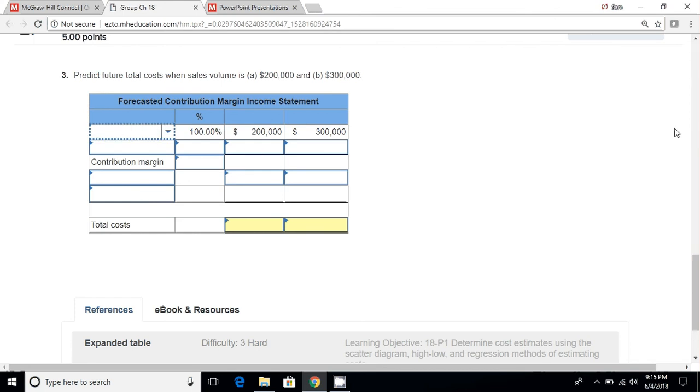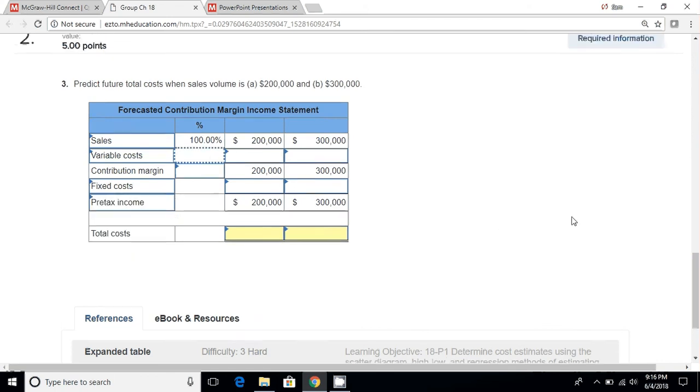So if you didn't write it down, you don't remember, one more time I'm going to say, it probably won't be the last, that you need to remember this formula. It's going to be sales minus variable cost gives us contribution margin, and then contribution margin minus our fixed cost is going to give us pre-tax income. Okay? All right, that's it.